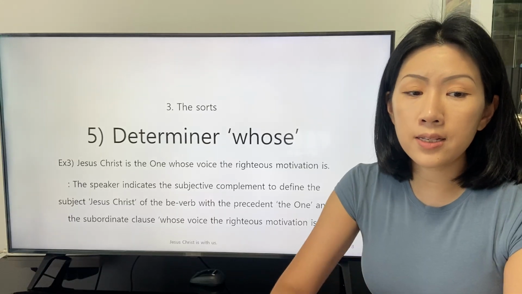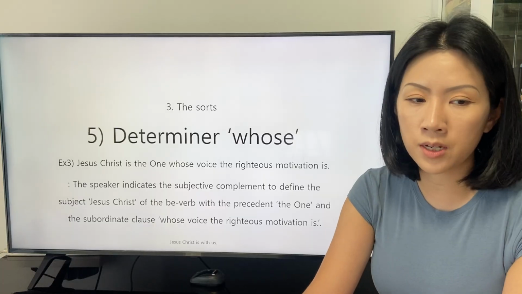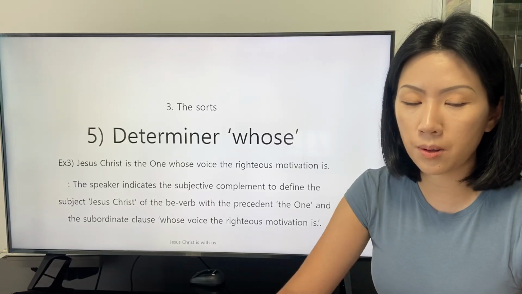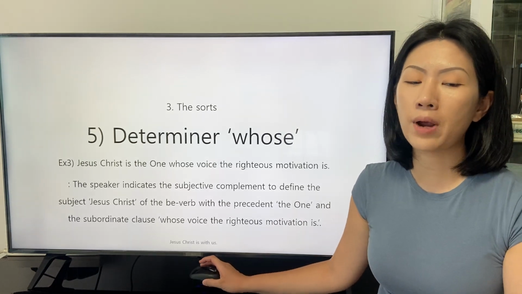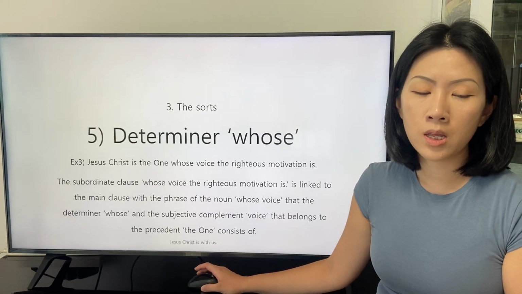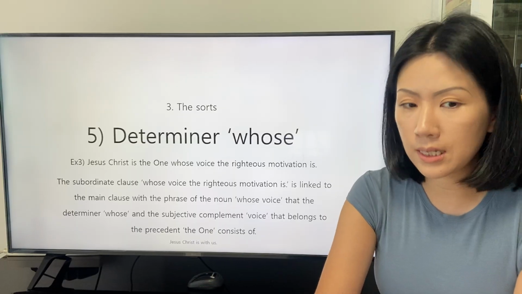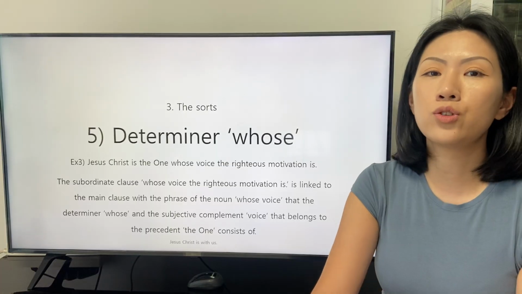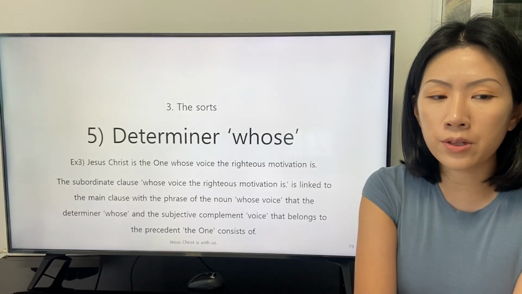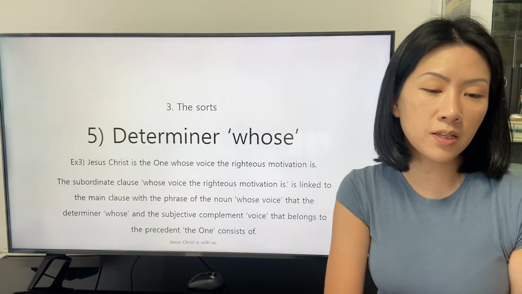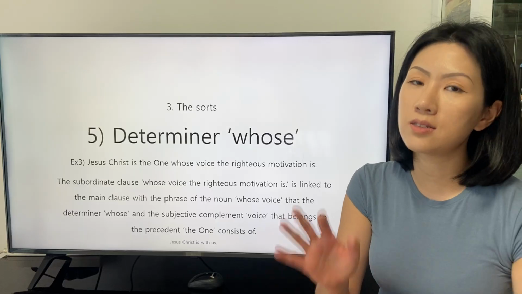The speaker indicates the subjective complement to define the subject Jesus Christ of the be verb with the precedent the one, and the subordinate clause whose voice the righteous motivation is. The subordinate clause whose voice the righteous motivation is linked to the main clause with the phrase of the noun whose voice, that the determiner whose and the subjective complement voice that belongs to the precedent the one consists of.